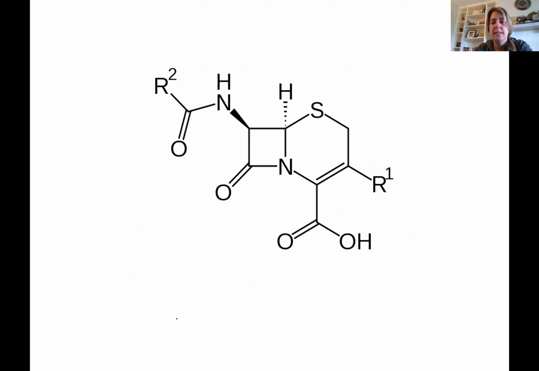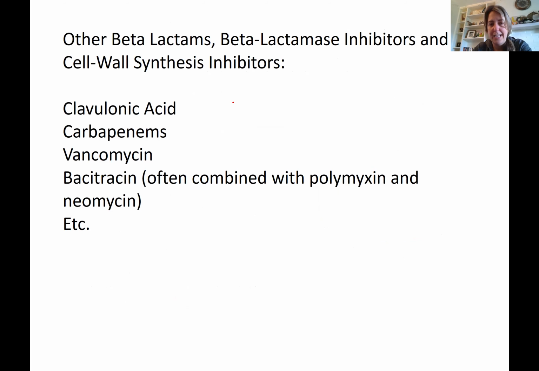And here is another, the beta-lactam ring. So other antibiotics can be other beta-lactams, or sometimes we add beta-lactamase inhibitors, okay? That is to inhibit that enzyme from the bacteria. And one of them is clavulanic acid.